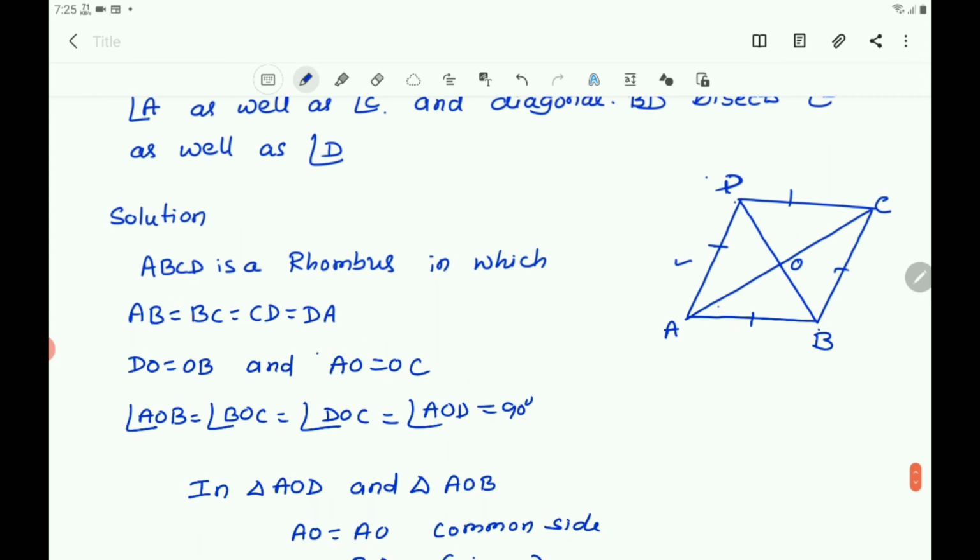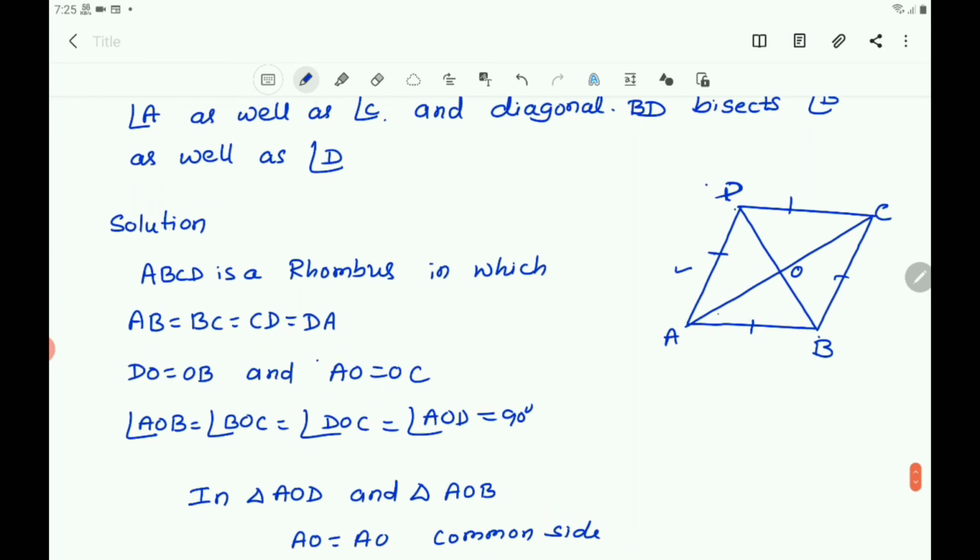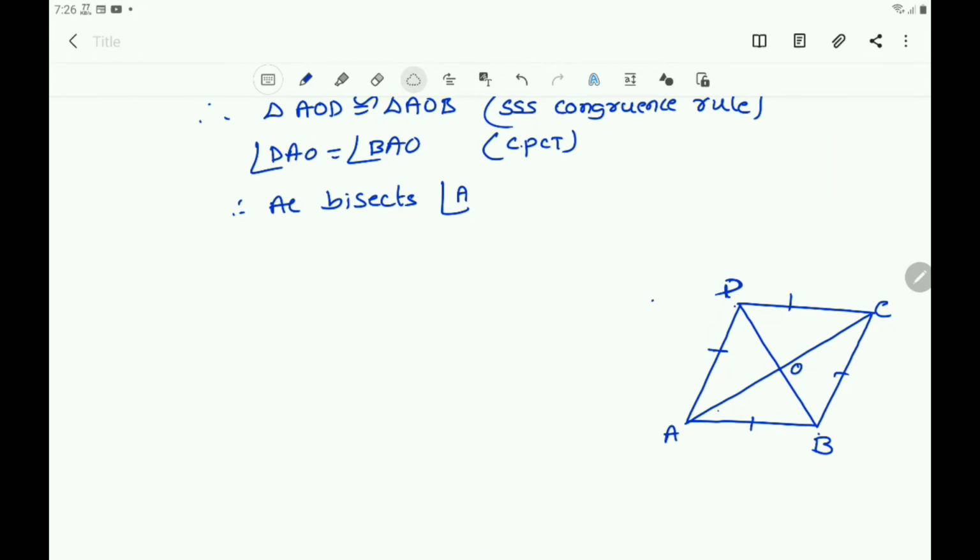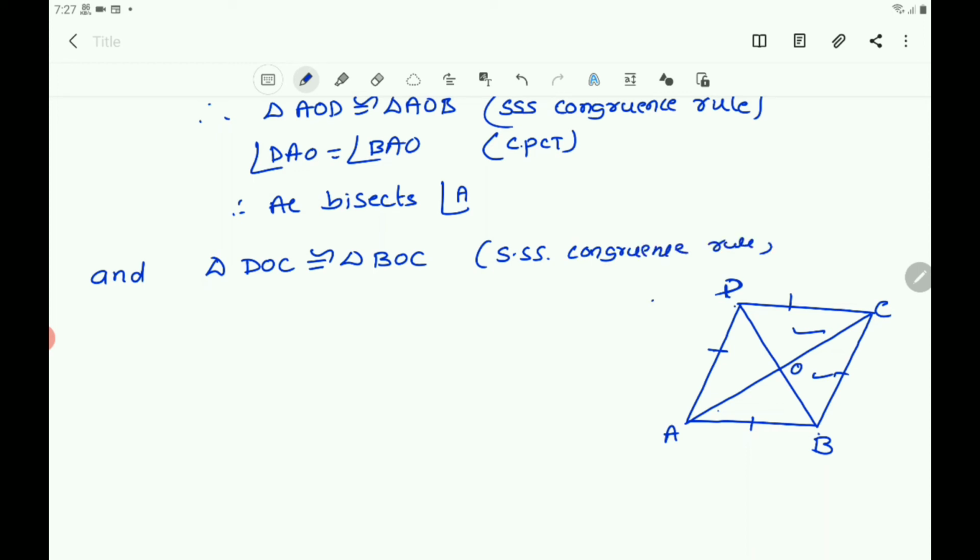And also similarly you can prove that triangle DOC is congruent to triangle BOC. That is also according to SSS congruence rule, because if you take those two triangles, there also CO is common, DO equals OB given, and BC equals CD also given.